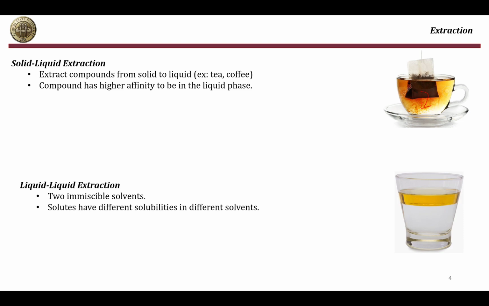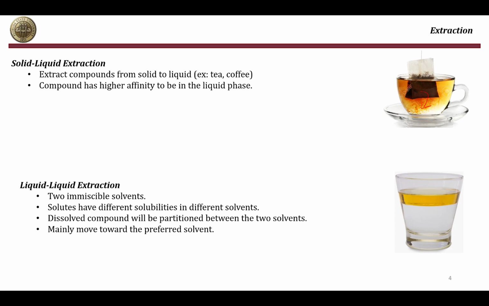Solutes will have different solubilities in the different solvents, and that's why the dissolved compound will be partitioned between the two solvents. For example, let's say we added sodium chloride, or table salt, to this mixture here. Because sodium chloride is polar, it has high affinity to dissolve and stay in the aqueous layer, or the water layer, whereas it is less soluble or insoluble in the organic layer.